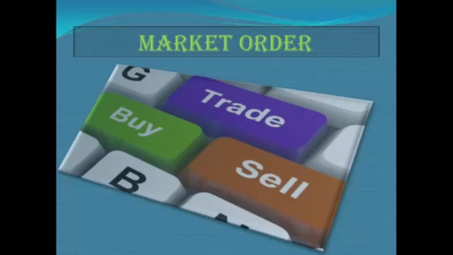You click buy, and your trading platform instantly executes a buy order at that exact price. So that is what it means. Just click buy if you want to buy, or click sell, and the trade will be instantly executed.